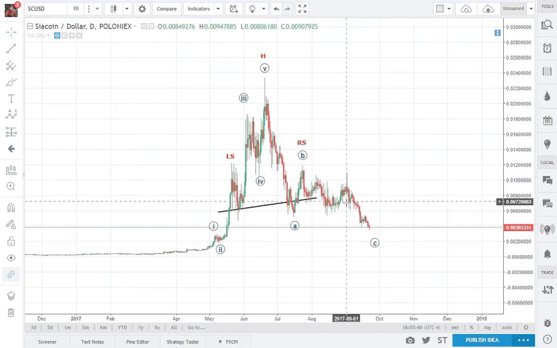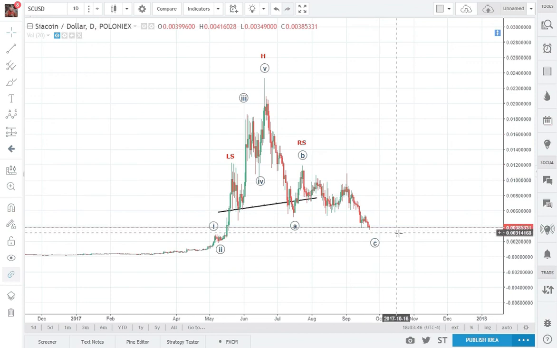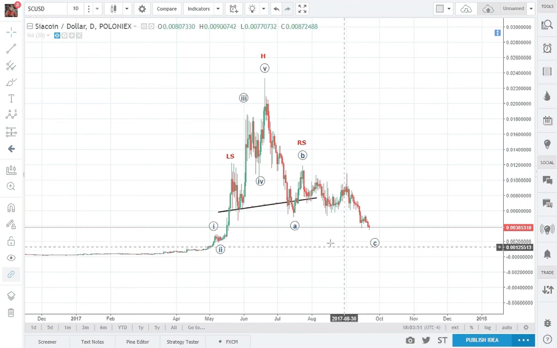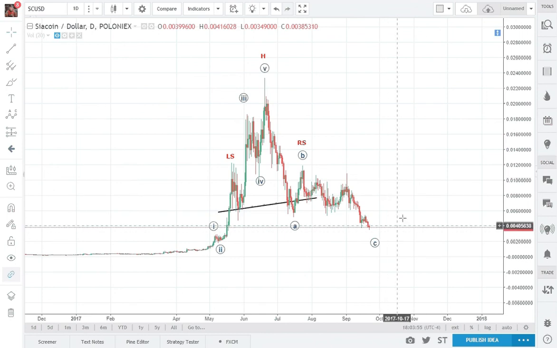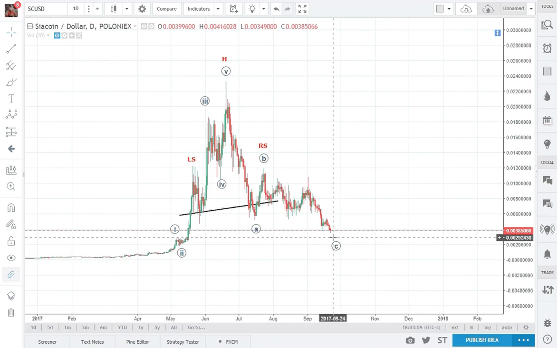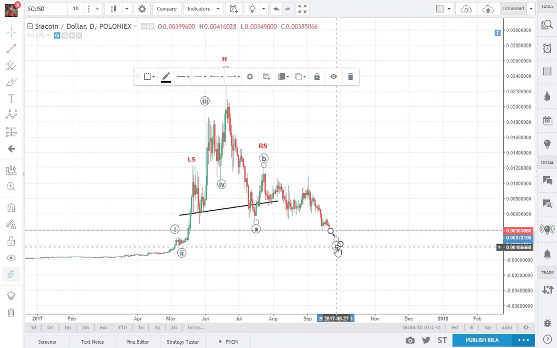More importantly, I'm counting 1, 2, 3, 4, 5 waves down. So could it be done soon? I think so. Here's the beauty of this. Since I'm counting 5, and maybe it could be an extended fifth, it's a daily chart.